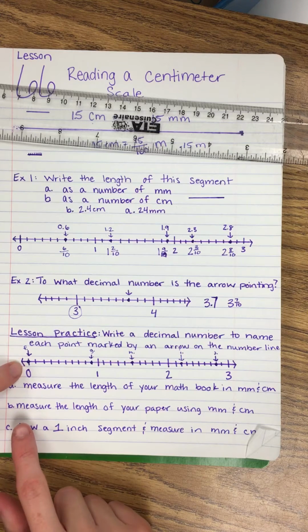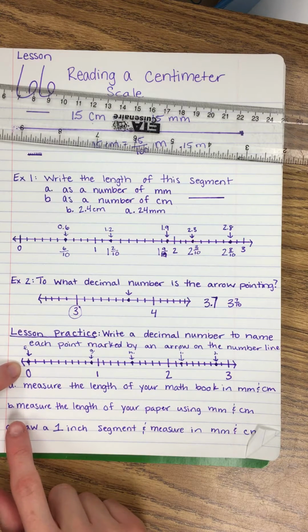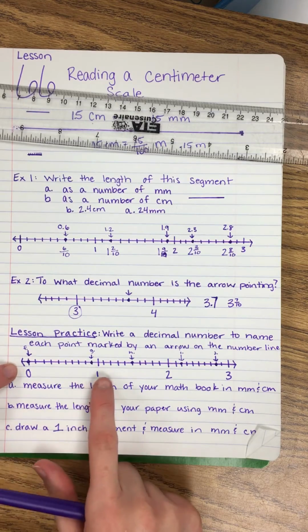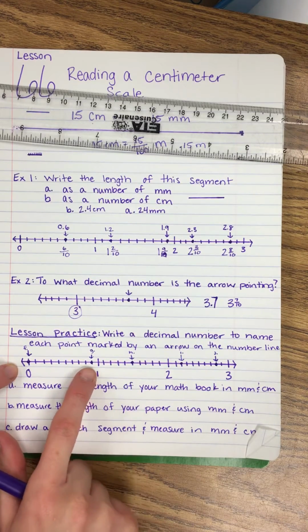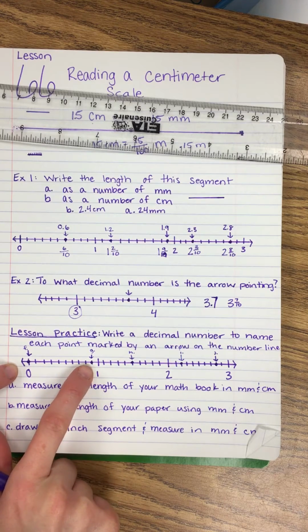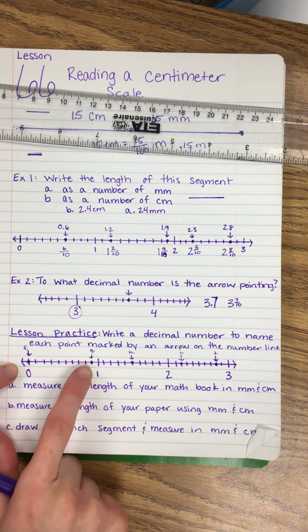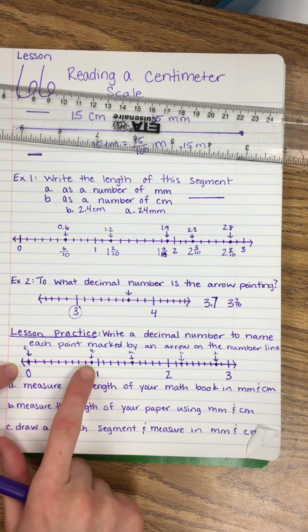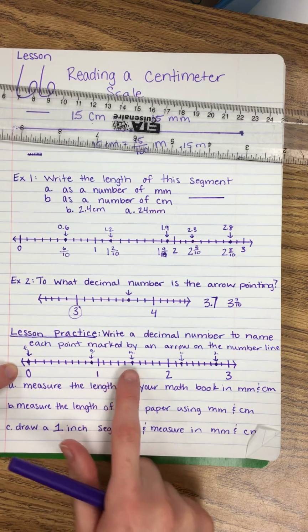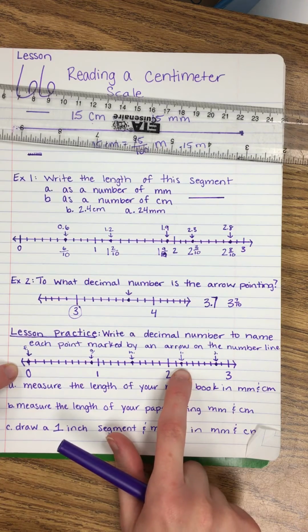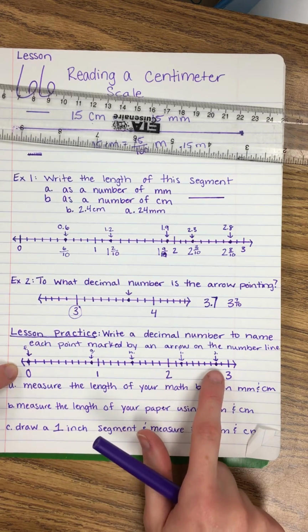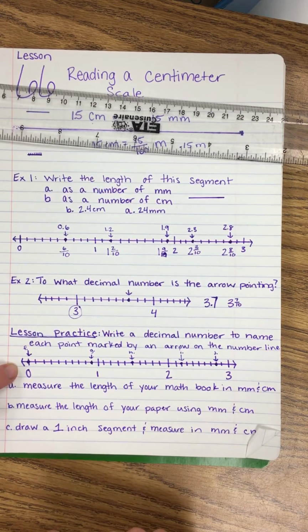You have 0, and that is what F is on. And then you have 1, 2, and 3. G is on this one that's 1 away from 1. 1, 2, 3, 4, 5. H is right in the middle of 1 and 2. I is 2 over after 2, and J is 2 before number 3.